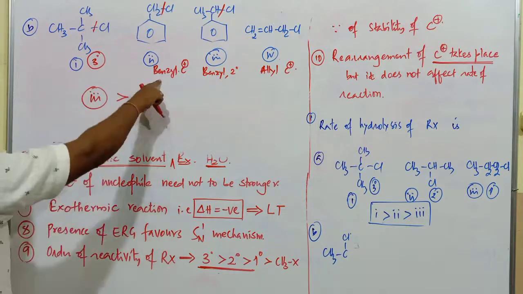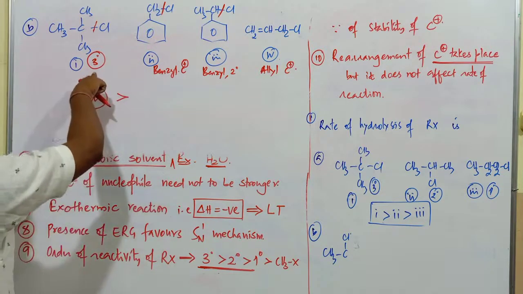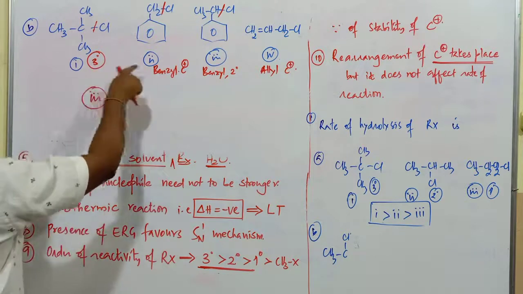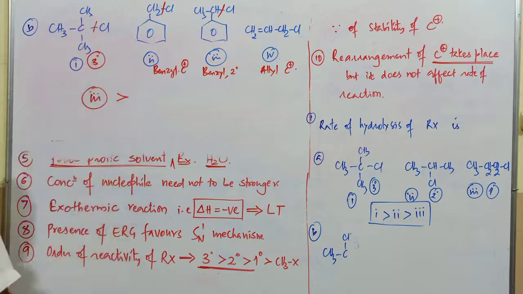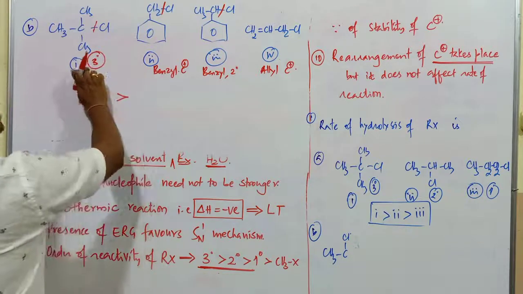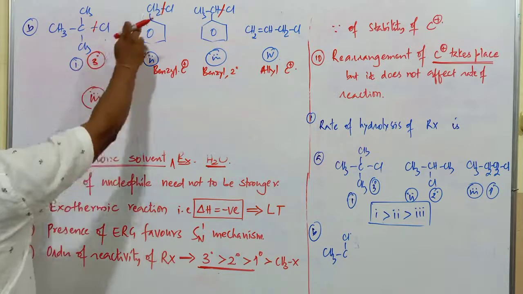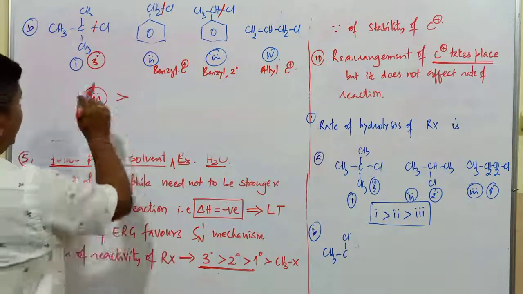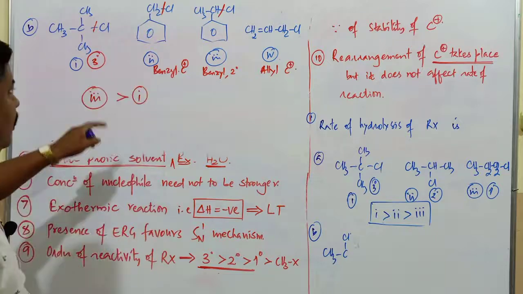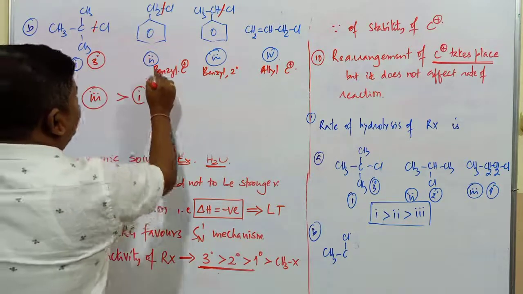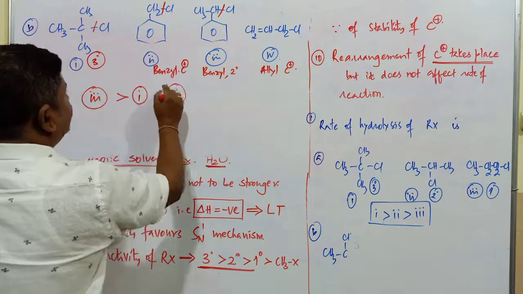Now this is benzyl and this is going to be the tertiary butyl carbocation. Between simple benzyl and tertiary butyl carbocation, this is going to be stabilized by what? Hyperconjugation. This is a somewhat more stable carbocation than the simple benzyl carbocation. So naturally the first one is going to be more reactive compared to this one. It is a benzyl carbocation, naturally stabilized by resonance.